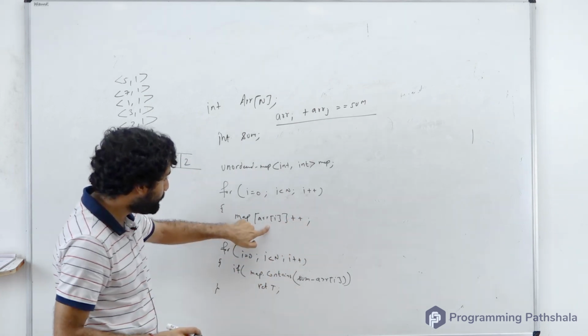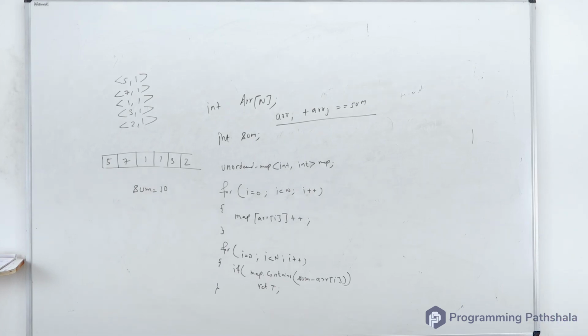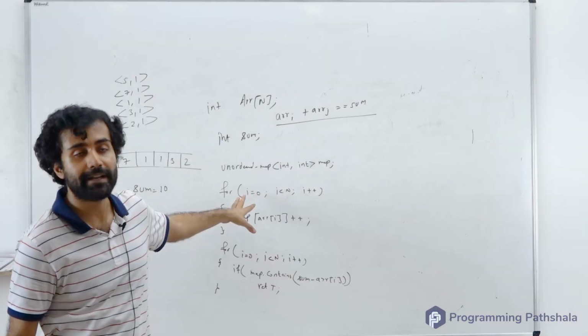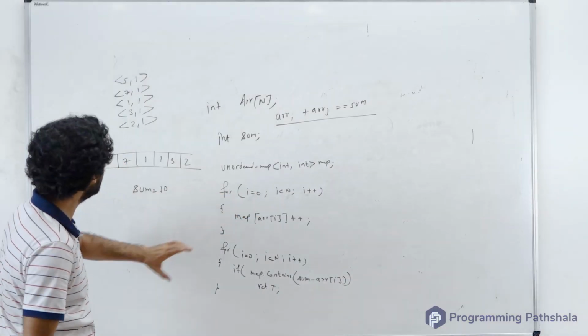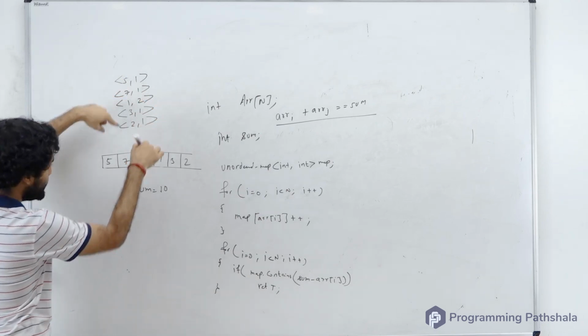Because the default value for any key is 0, so if you do map[key]++, automatically it will become 1 from 0, and if it was 1, it would become 2. So it would ensure that at the end of this loop, I have frequency of 5 as 1, frequency of 7 as 2, frequency of 1 as 2, and things like this.